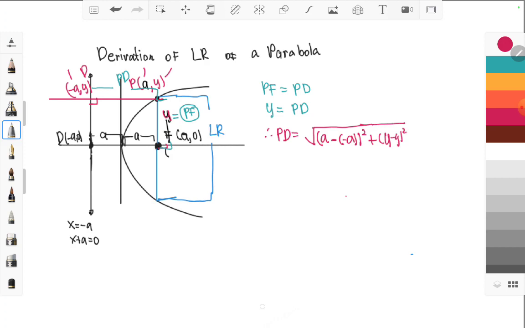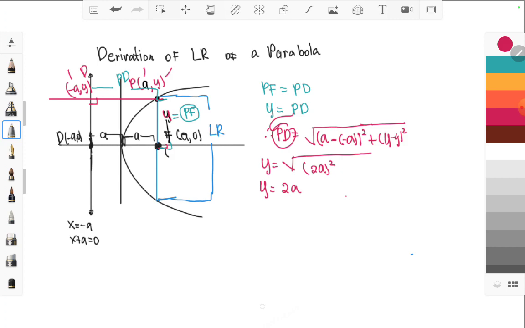So since my PD is equal to this, I will just substitute that. A minus negative A will be equal to 2A, squared. So from here my Y will be equal to the square root of 2A squared, which is 2A.